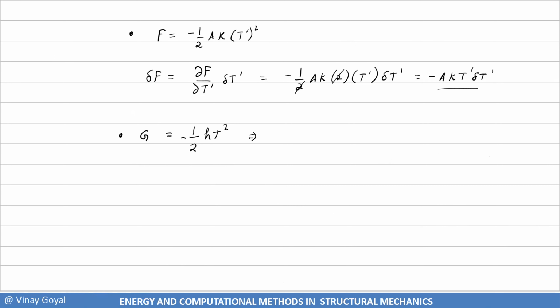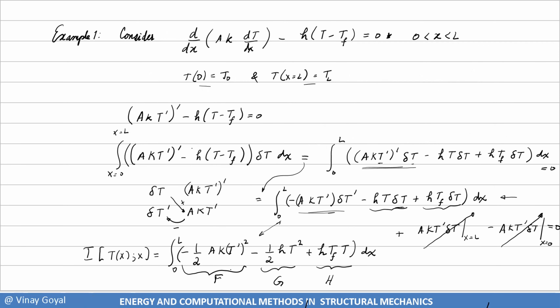So del g is partial of g with respect to t, del t, and clearly that's minus 1 half h times 2 t del t. 2 cancels out, I get minus ht del t, and you can see that matches that second term there. Let's look at the third term, which I called h.